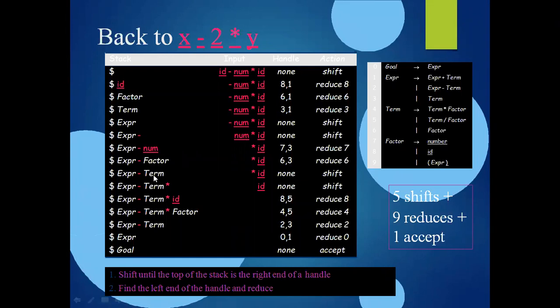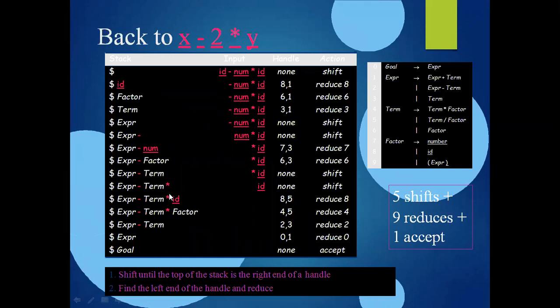Term. Term is the variable here. So where is it? In the third rule, right? So that's why I'm putting 3, 3, 3, because with this rule, expression minus term, there itself I get the 3, because term is the third rule. See here, expression tends to term is the third rule.